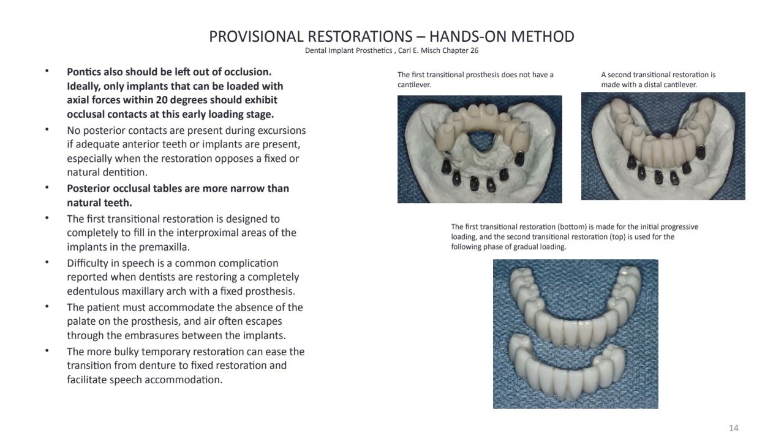Sometimes the palate is covered by the denture, so sometimes the patient has trouble moving from a denture to a fixed in terms of speaking, because now the tongue has more space to move in. So using the provisional restoration as fixed, as the transition period, has multiple benefits, not only to give us an idea how the final restoration will look, but also to retrain the patient to use their mouth as they would have their natural teeth instead of a denture.